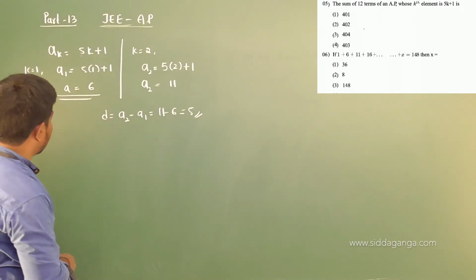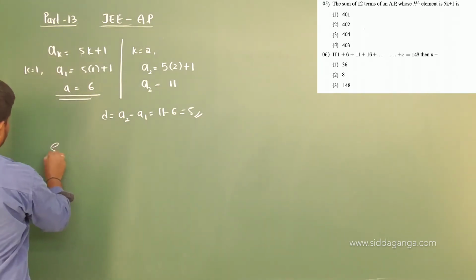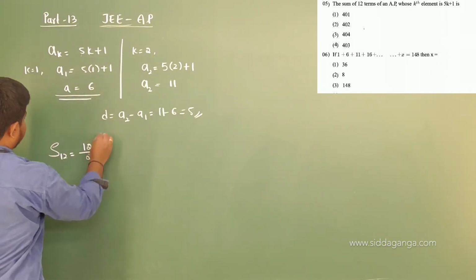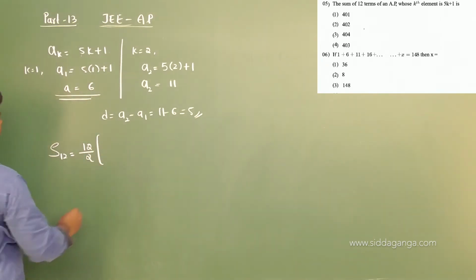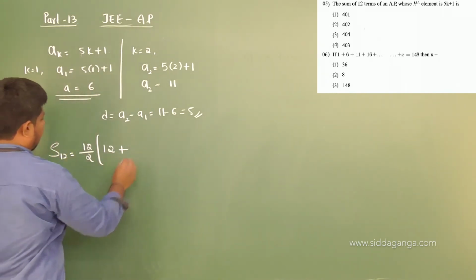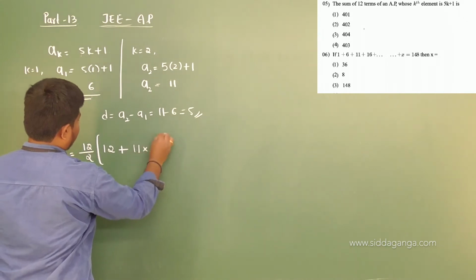Now what you have to find is the sum of the first 12 terms. S12 is equal to n by 2, that is 12 by 2, into 2a, 2 into 6, plus n minus 1, 12 minus 1, into d, which is 5.